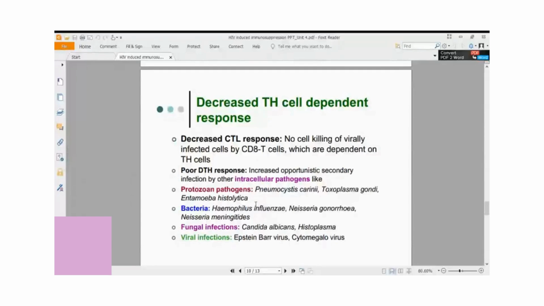At the same time, please remember the HIV virus is also known to be associated with a cancer, a tumor, and that tumor is Kaposi's sarcoma. That Kaposi's sarcoma is restricted to the dermal layer of the skin, including the muscle layer present below the dermis.